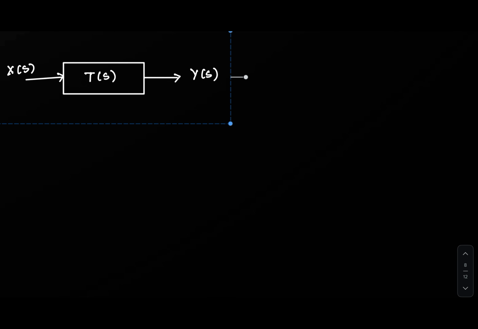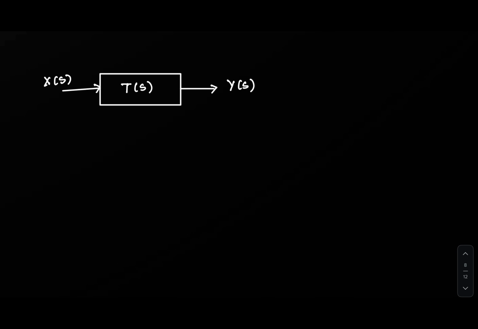Now another derivation that we can draw is, instead of r of s and c of s, let us say you are simply having r and c, and in this place I am only having g. So this will also represent my system only.